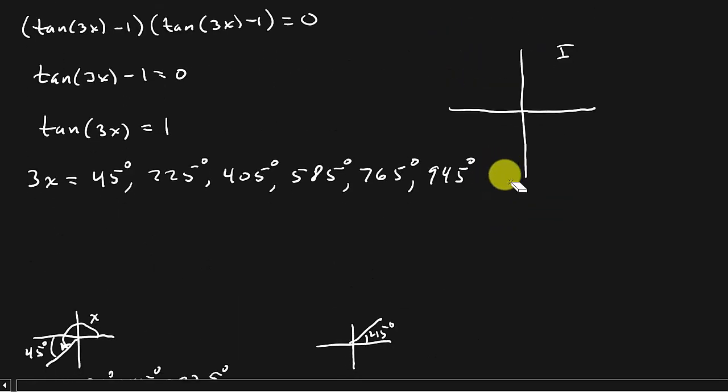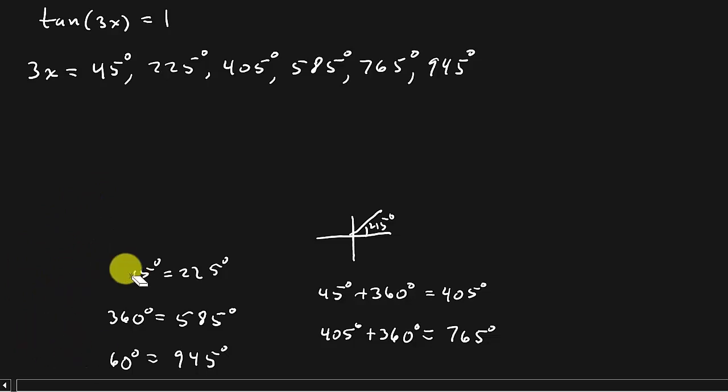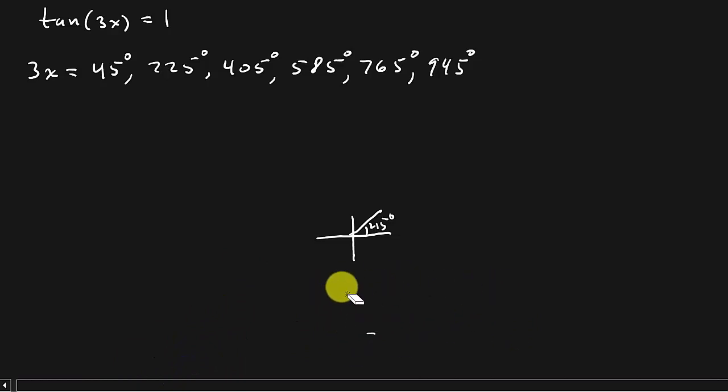All right, let me get this out of the way. So there's all our solutions. Let's erase this because we don't need this anymore. If you need to look at that, you can rewind the video and copy it down on your paper.